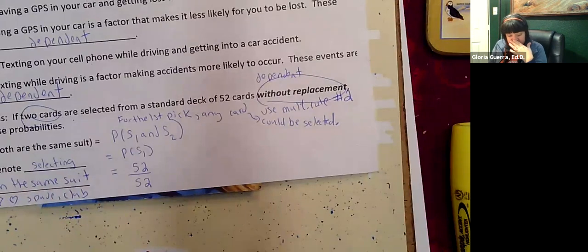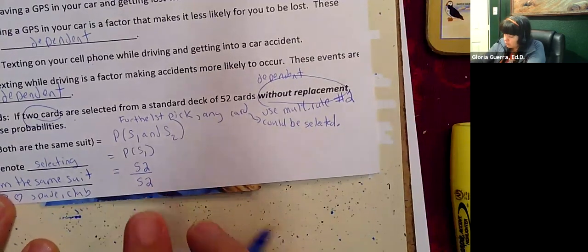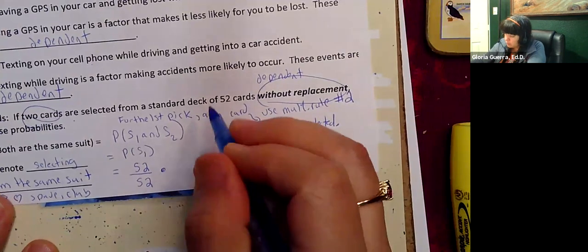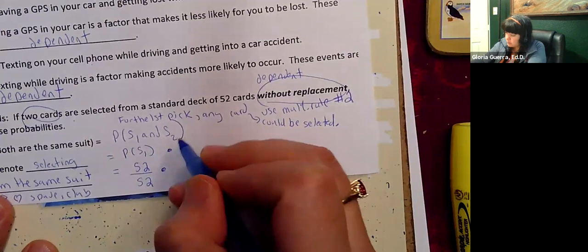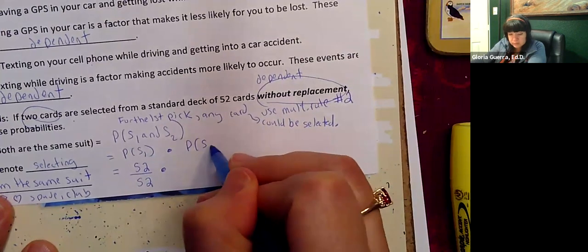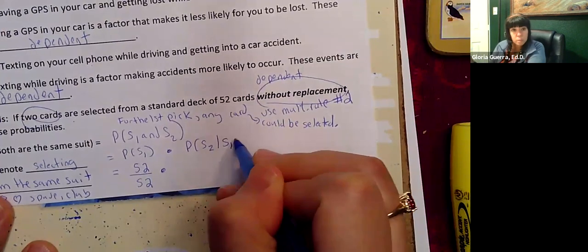So that's why you have 52 to choose from over 52. Now when you choose the second card, this is times P of S sub 2 given that S sub 1 has occurred.